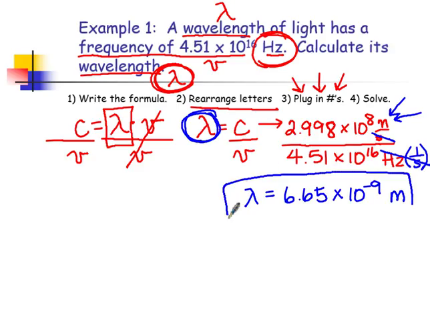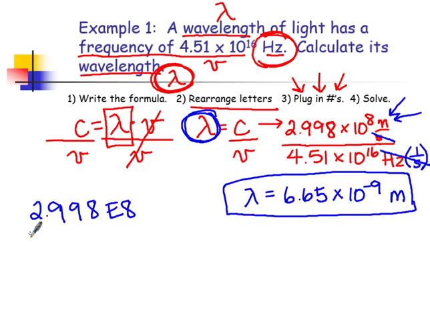You might want to practice putting these times 10 to the into your calculator again. 2.998 E8. No times, no 10. Divided by 4.51 E16. And voila, we get a wavelength in meters.